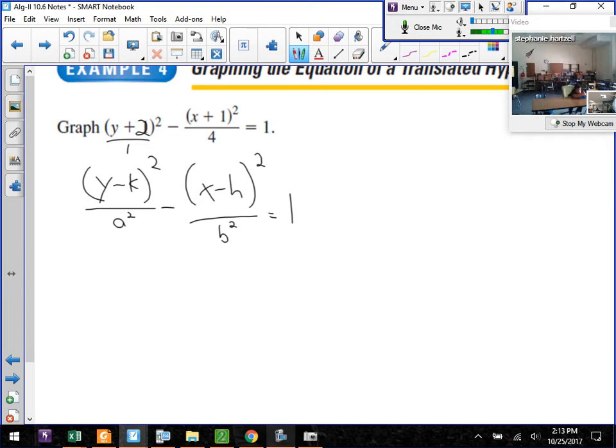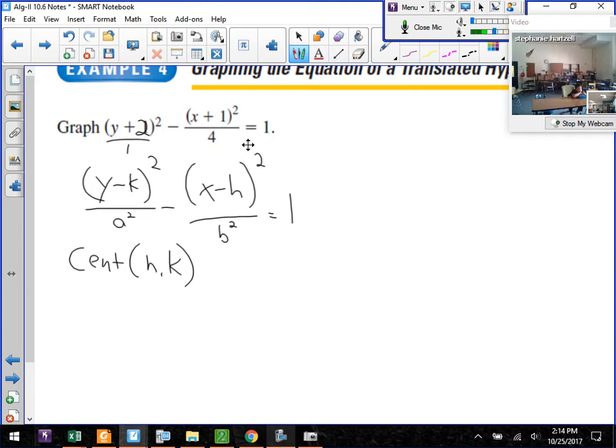Your center is still at the ordered pair (h, k). Where's your center located for this hyperbola? (−1, −2).